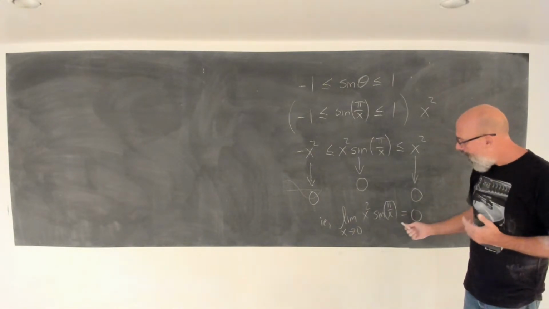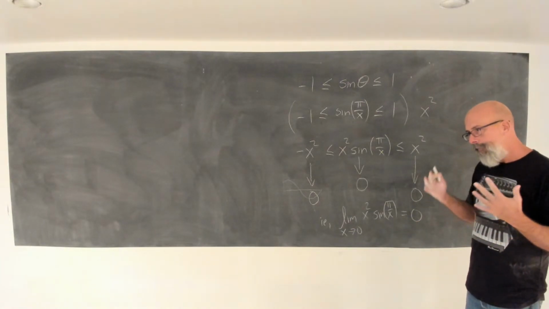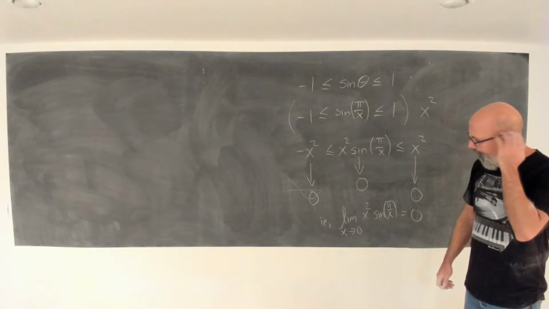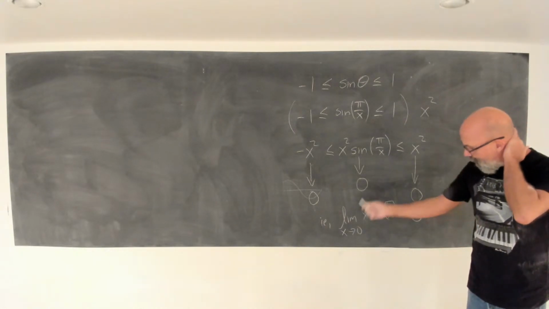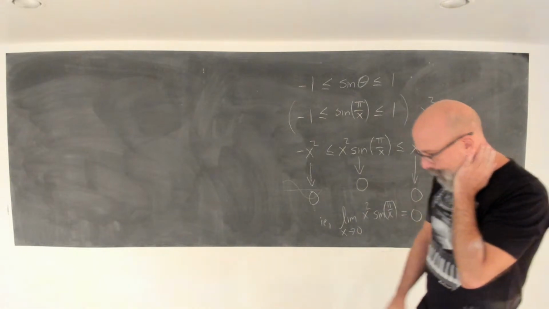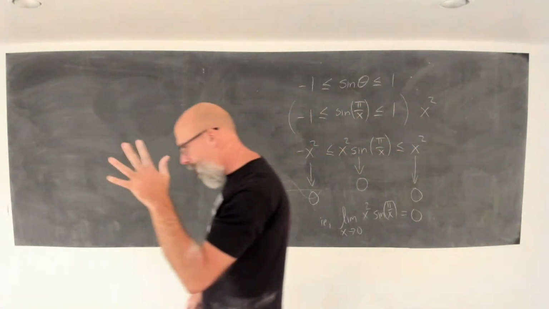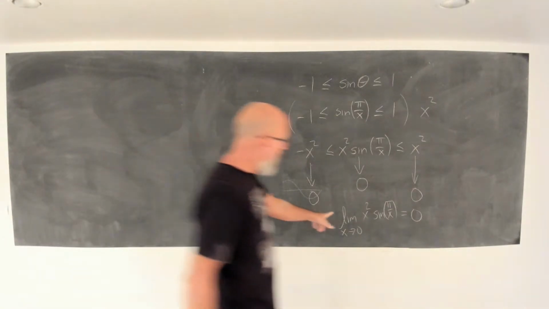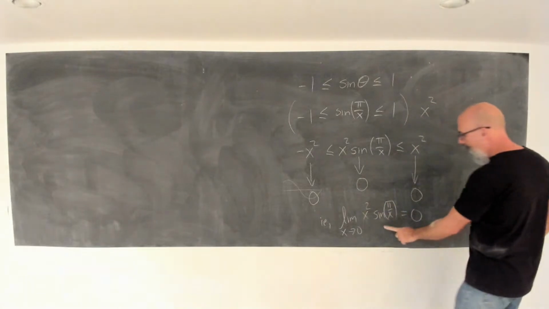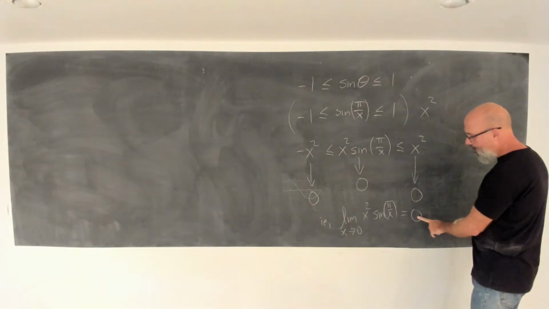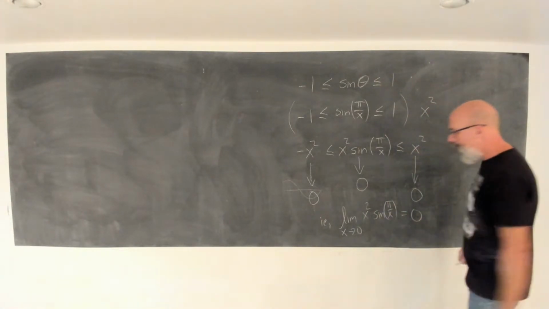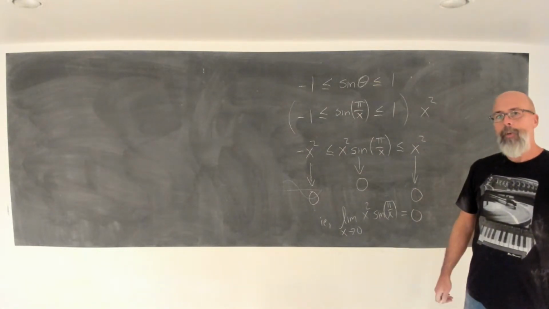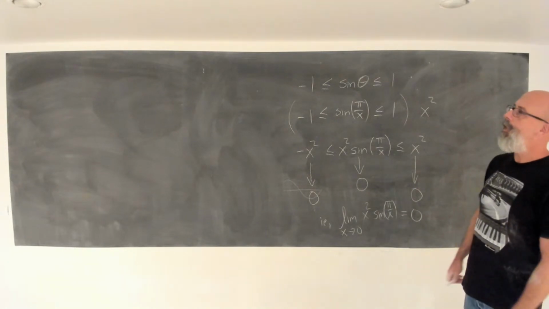I'm using the word behavior here. How does this behave? That seems a bit up in the air. We gave a better definition, that this function could be made arbitrarily close to 0 by taking x sufficiently close to a. But even that, what does that mean?